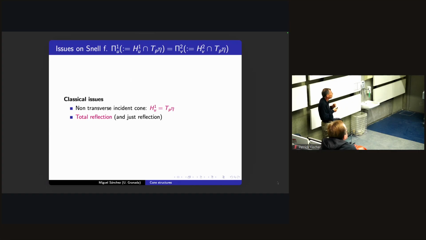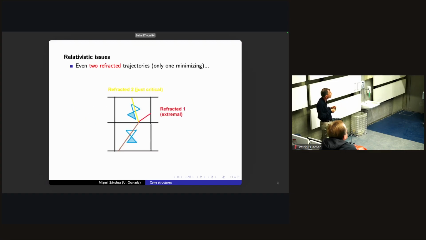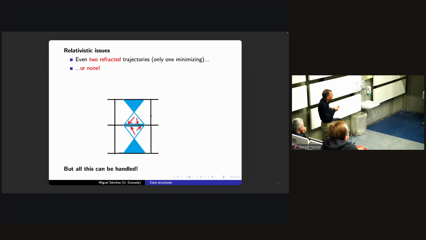For example, non-transverse incident direction or non-transverse refracted one, and this happens even at a classical level, total reflection and so on. Moreover, here we have possibilities such as two refracted trajectories, which are exclusively Lorentzian. Okay, there is nothing like this in the classical setting, or even more, the cones can be in a direction opposite to each other, and there is no refracted trajectory.